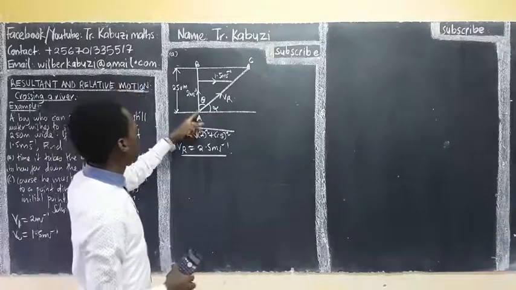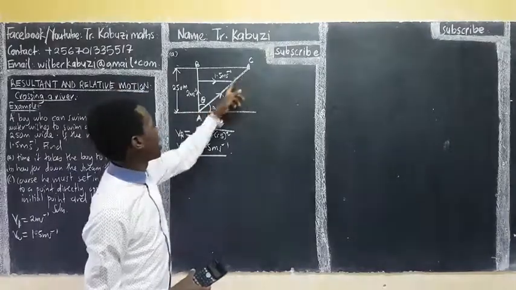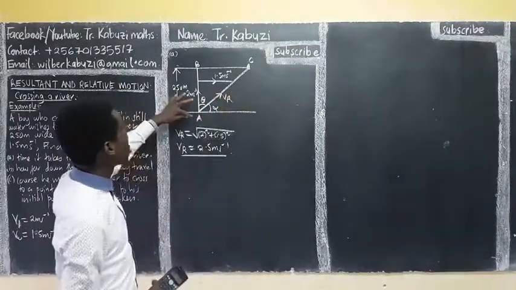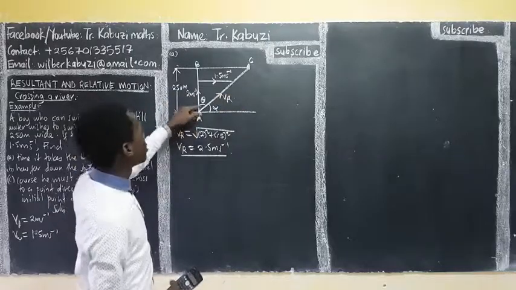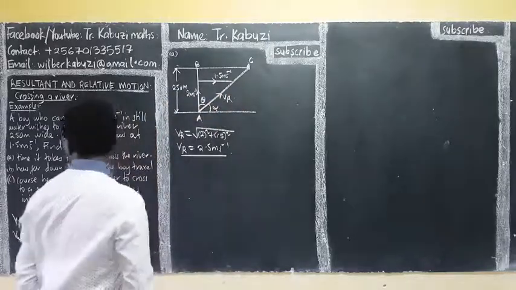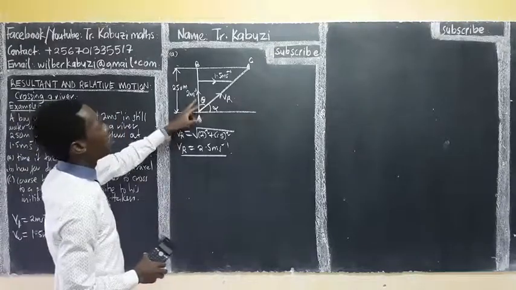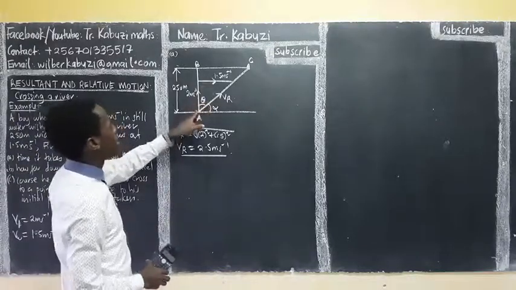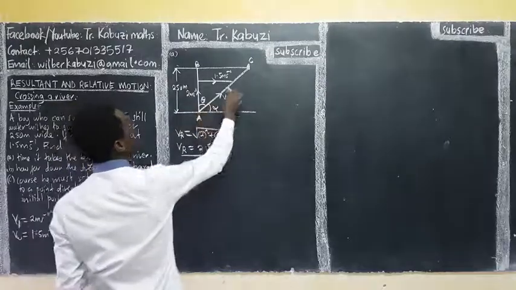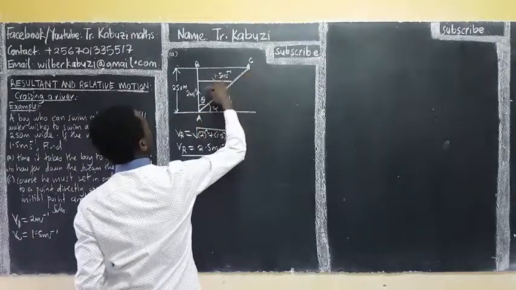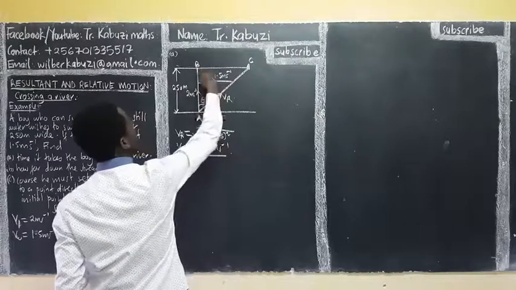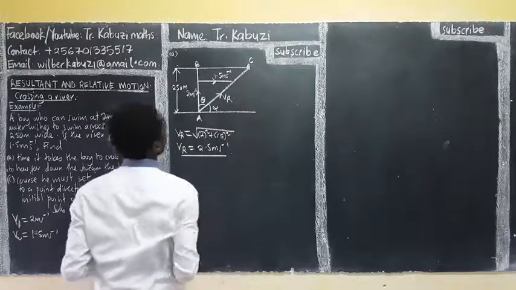Now we also want to get this SC here, because for the time we are going to use the velocity and also the distance. We have this adjacent, and this is the hypotenuse.